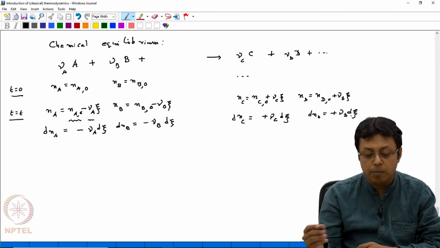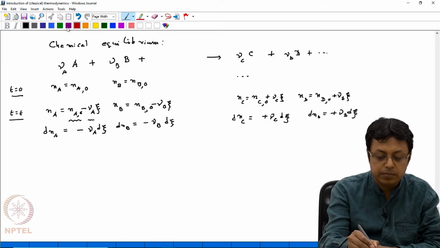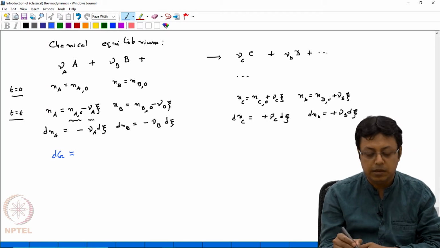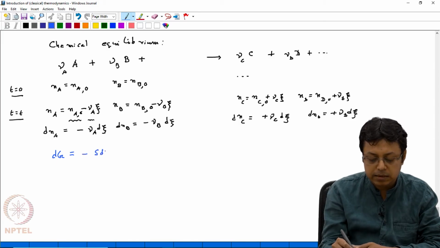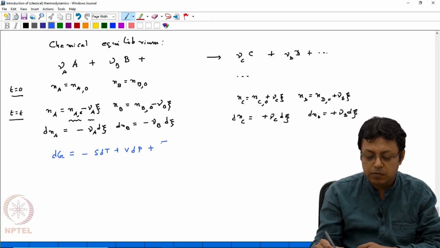And then we can combine everything and ask this question: what is the change in Gibbs free energy? We know that for an open system, dG will be minus SdT plus VdP plus the sum over the constituents of mu I dNi.